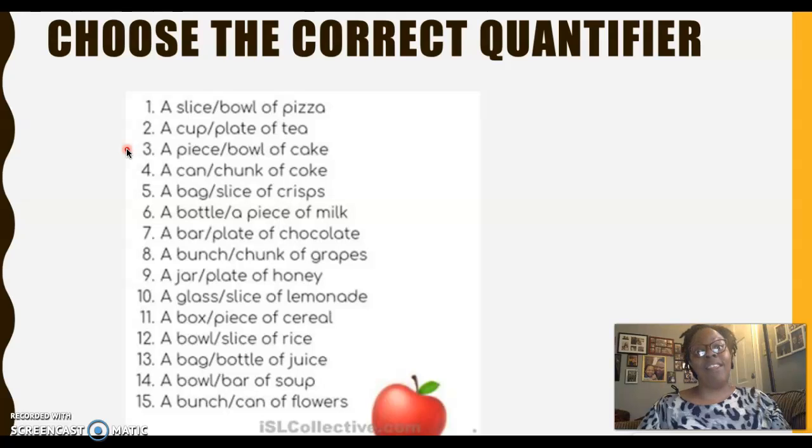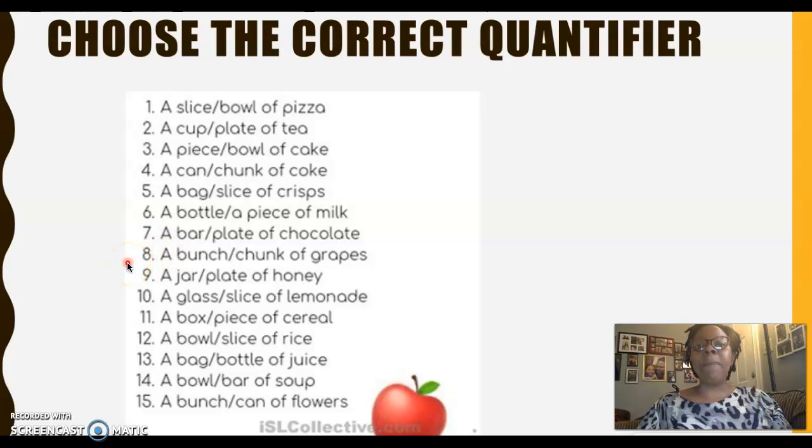Oh, that sounds delicious, doesn't it? 4. A can of Coke. 5. A bag of crisps or chips. 6. A bottle of milk. 7. A bar of chocolate, because a plate of chocolate would be way too much.